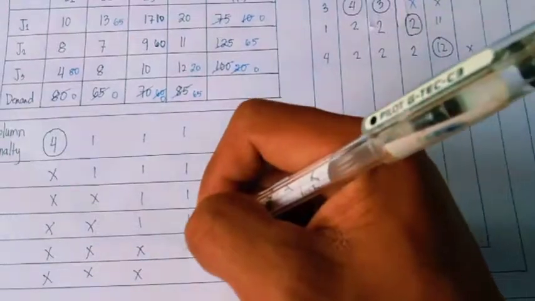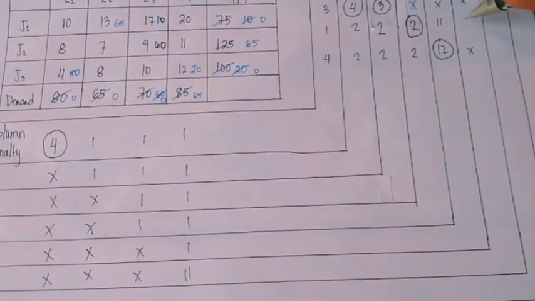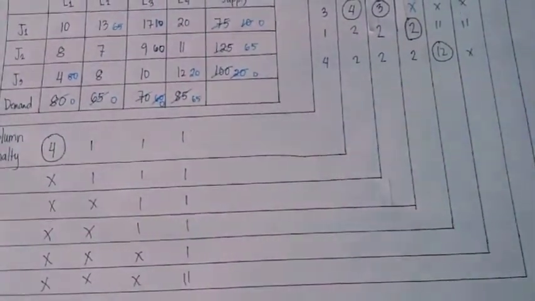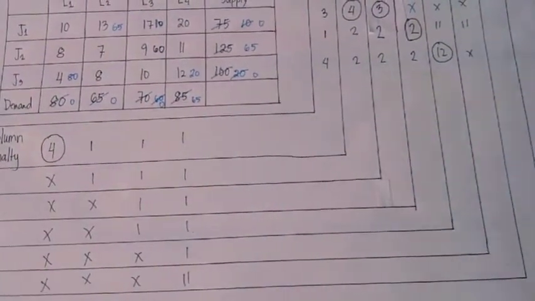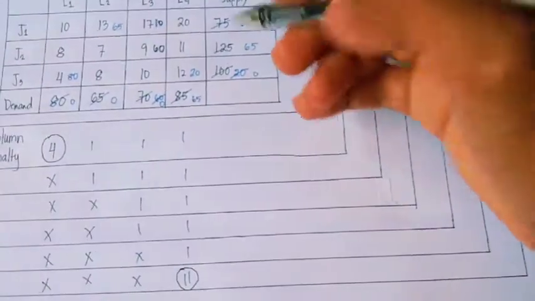So 11, X and 11. Since 11 is the only remaining value, we put it there.